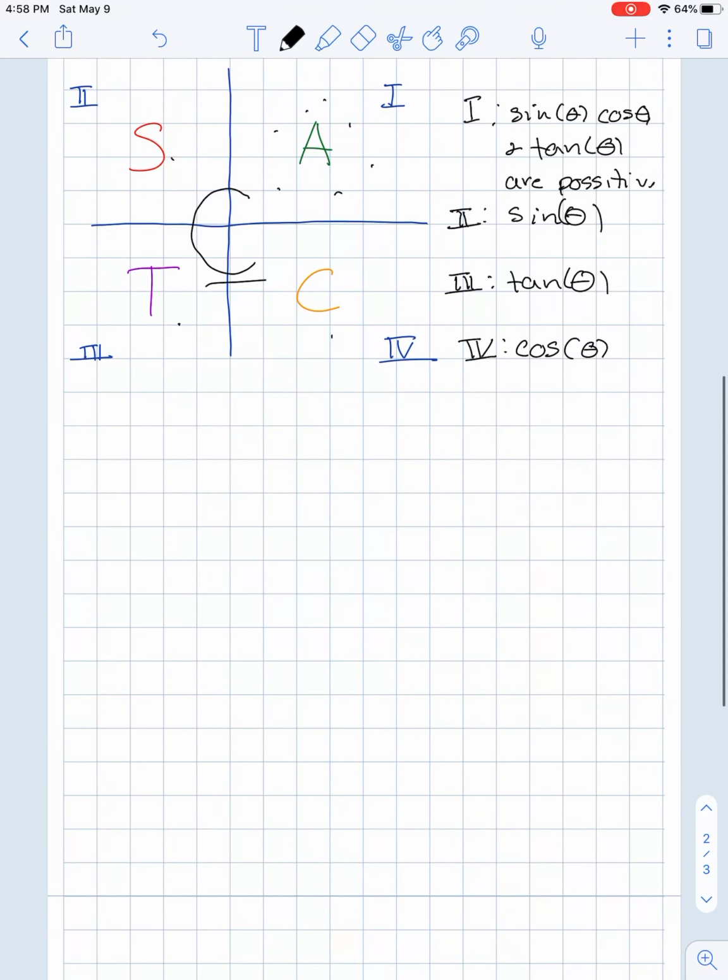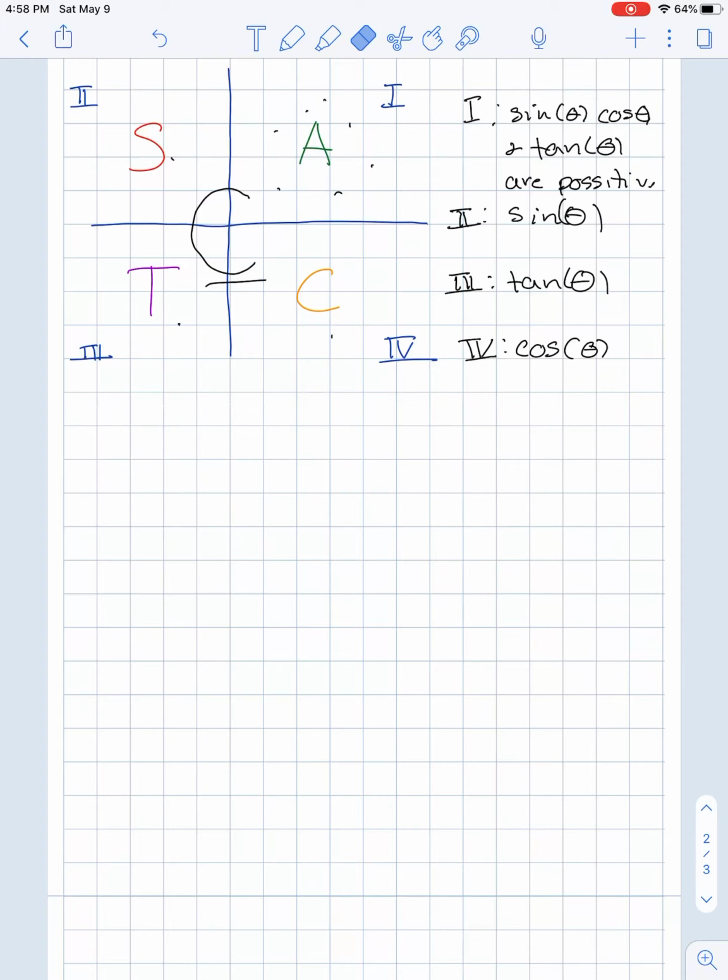Another useful thing about trig is that there's identities. So the most common one is that sine squared of theta plus cosine squared theta equals 1. Let's label this section.